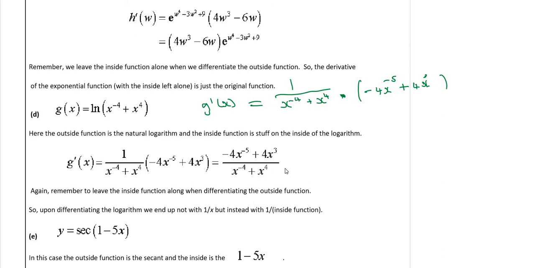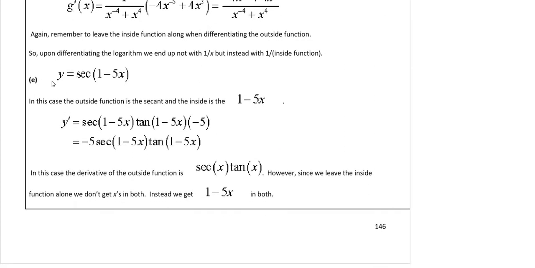So okay, if we can just look at, say, sec of 1 minus 5x. Sec is the outside function and 1 minus 5x is the inside function. The derivative of sec is sec tan, so we're going to have sec of the brackets, tan of the brackets.